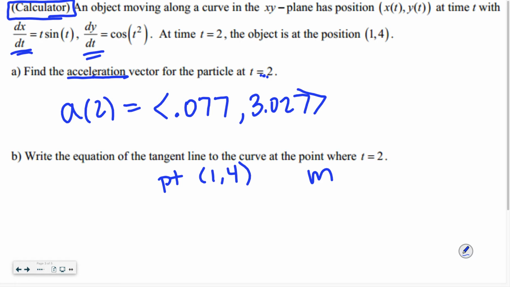In which order? dy/dt over dx/dt. Thank you. Remember, our slope, dy/dx, is dy/dt over dx/dt. So plug in 2 to those individually, and we want dy/dt at 2 divided by dx/dt at 2.